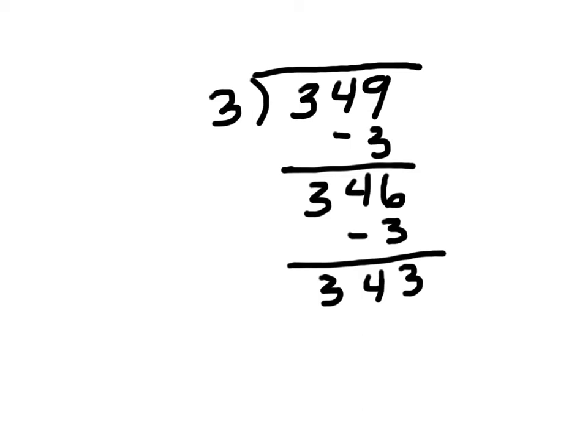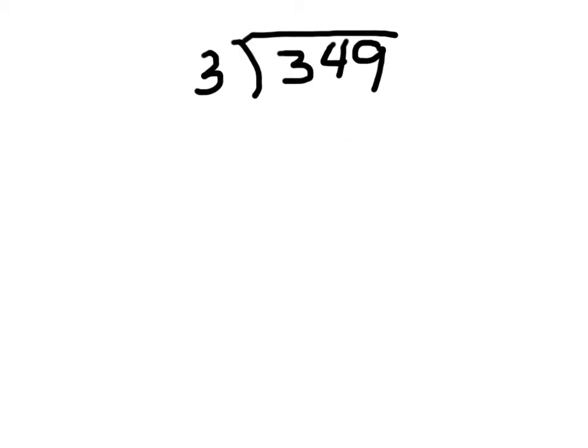So we have to use what we know about simple multiplication to make this faster. So I'm going to ask the question, how many times can I subtract 3 from 349? I'm going to put this line on the side here so I can keep track.